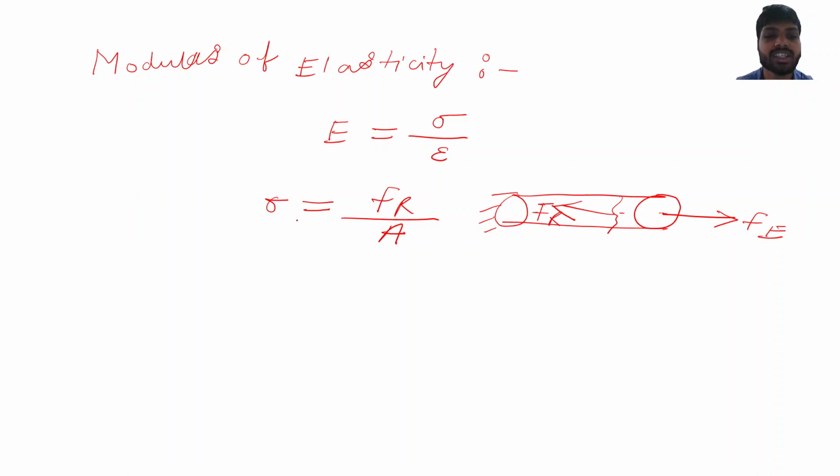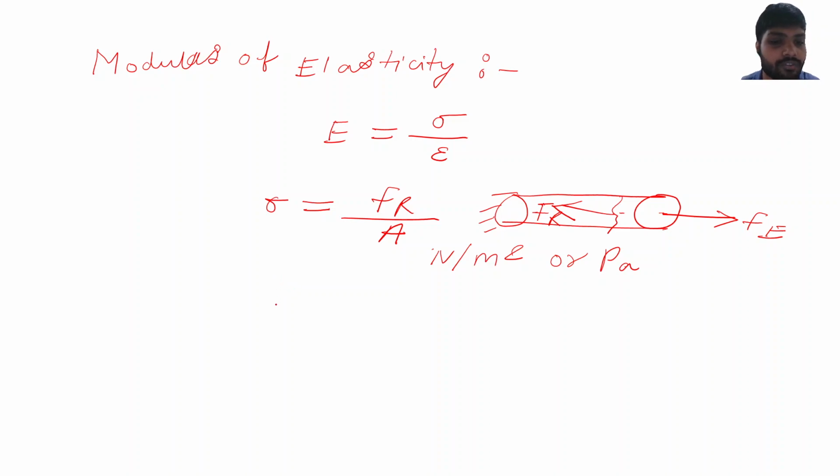Then stress is the resisting force per unit area, denoted by sigma, and its unit is Newton per meter square or Pascal. We can understand other units of stress in further slides.